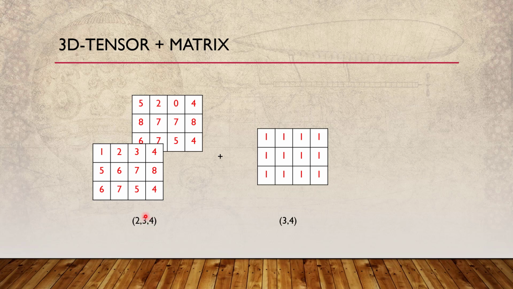So for this guy, the higher dimensional tensor, the dimension 1 and the dimension 2 are matching with this guy's dimensions, this 3 and 4, dimension 0 and 1, correct? So that means our broadcasting tuple will be 1 and 2, because this is the number of elements in the dimension 1, and this is the number of elements in the dimension 2, correct?